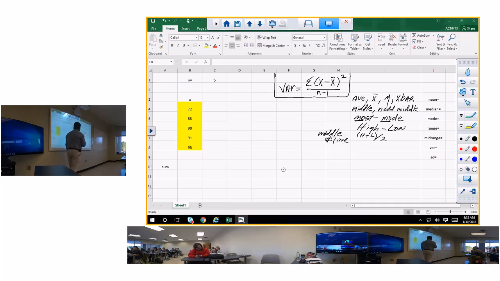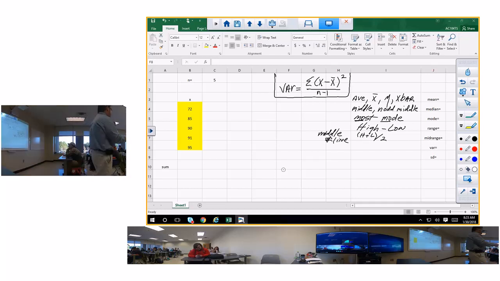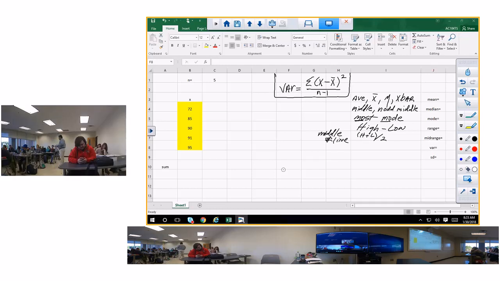The reason I say that is when we do box plots, that's what you're going to draw on. It's the number line. It's going to have your high and your low and your midpoint, or your mid-range. And then you're going to draw your box plot on the number line, just like you did with things on number lines before.